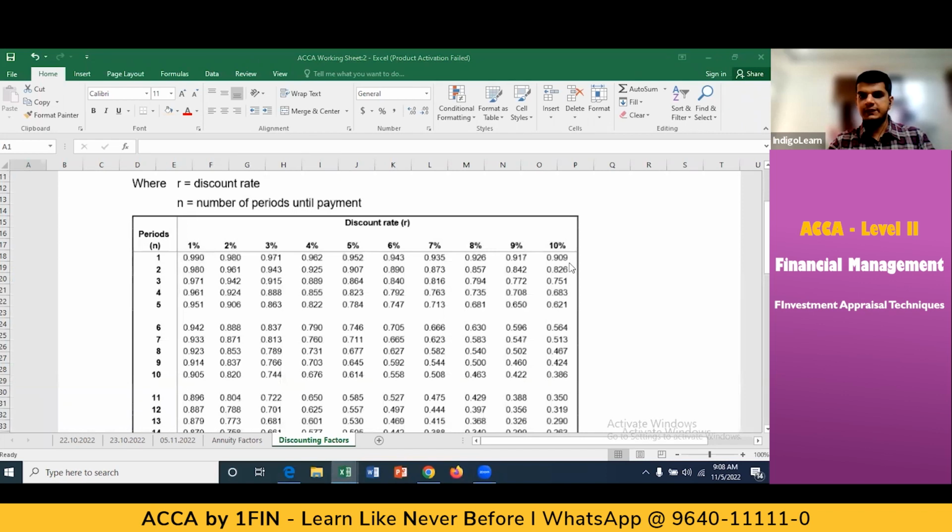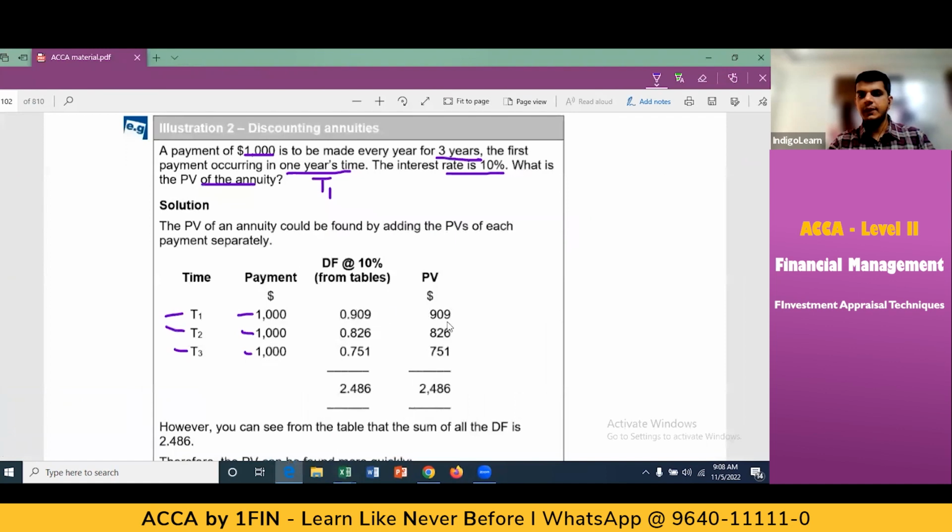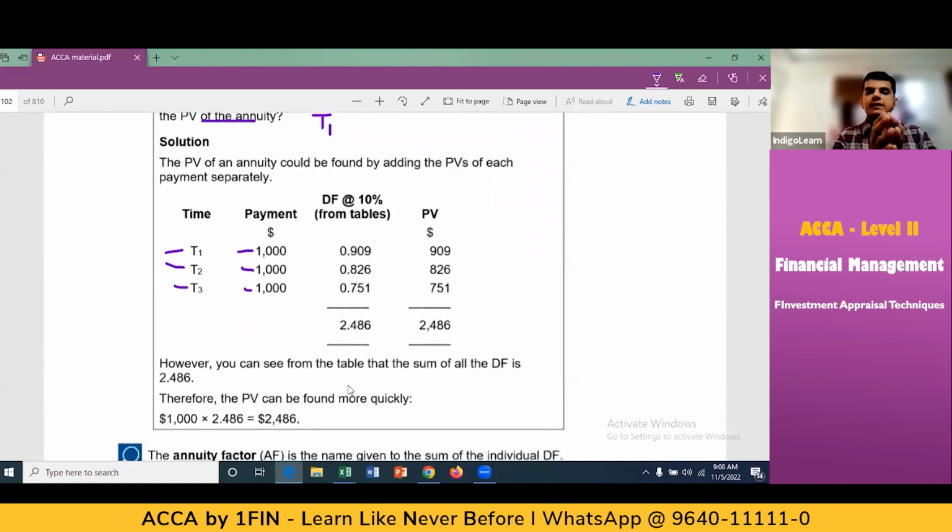Okay, 10%: year 1, 0.909, 0.826, 0.751 and present value 2.486. Discounting factor total is 2.486. Okay. So what is annuity factor? It is just a sum of every year's discounting factor. Instead of every year multiplying and getting total, we will just take the discounting factor sum and directly multiply it.